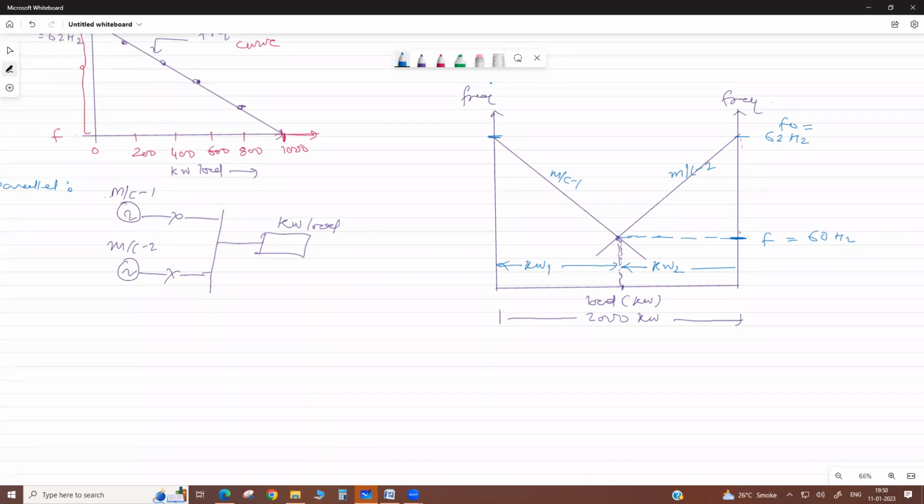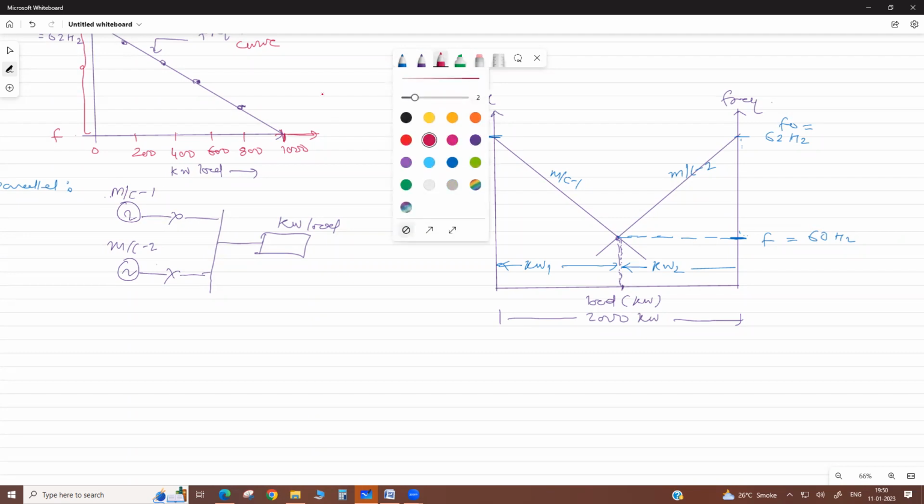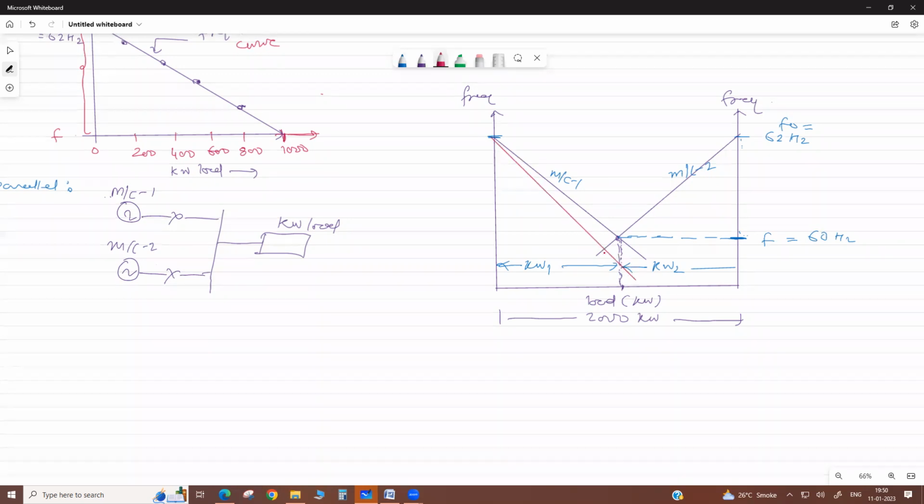Okay, dear. Now let us increase the droop setting of machine 1. Increasing the droop setting means that for the same load the drop in frequency or speed is more. So the slope of machine 1's line goes down, and the operating point shifts. Here kilowatt 1 and here kilowatt 2, for the same total kilowatt load.